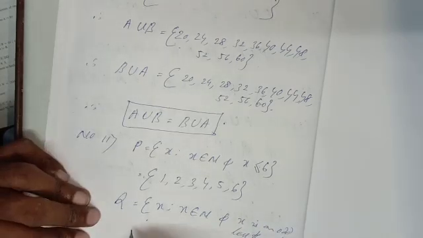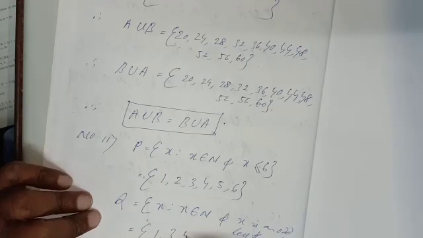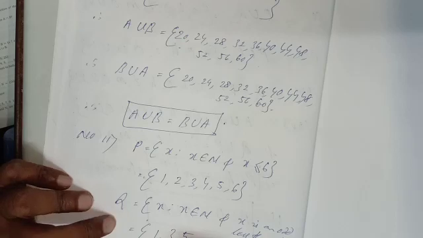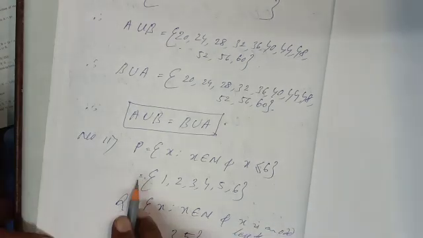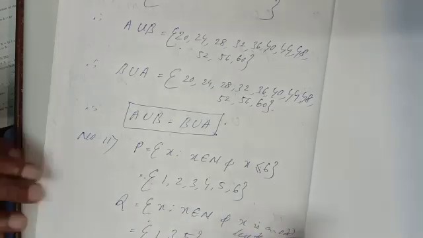Odd natural numbers less than 6 will be 1, 3, 5. Only odd numbers you have to write, less than 6. Natural numbers start from 1, so the answer is 1, 3, 5. The Q set contains the elements 1, 3, 5. Next, R set.